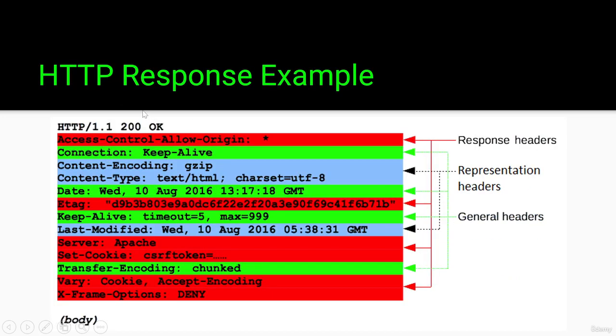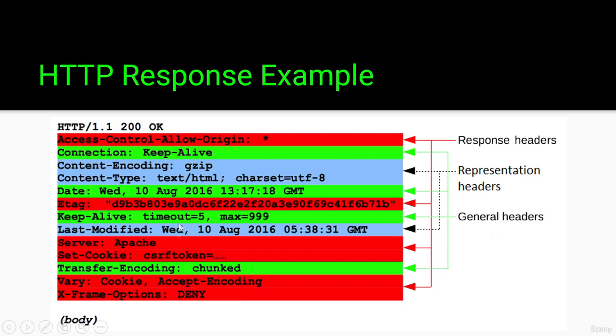Now this is an example of an HTTP response. Here you can see the response headers. It is HTTP version 1. The status code is 200 OK. And Access-Control-Allow-Origin is star, Connection is keep-alive. Here you can see the representation headers, by the way. And here we have the general headers.